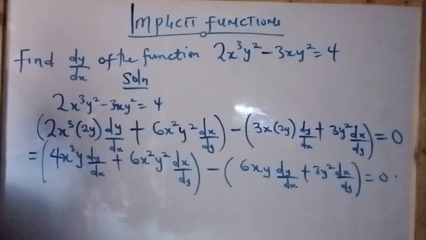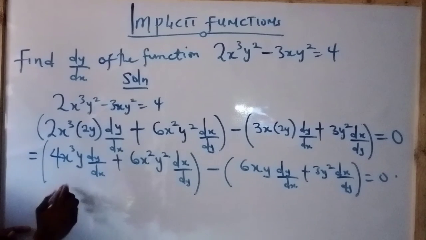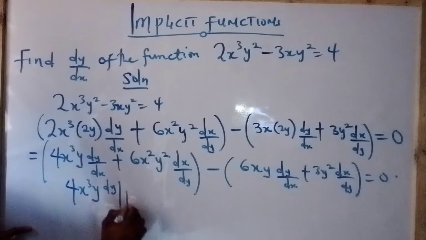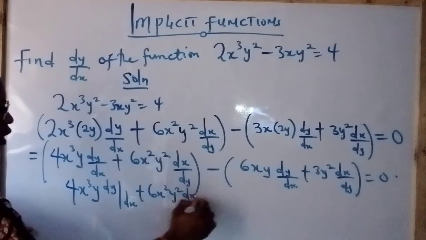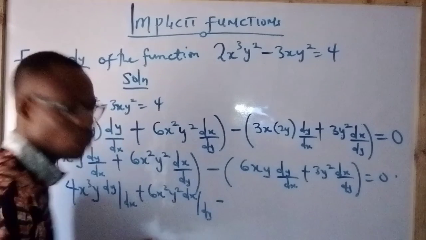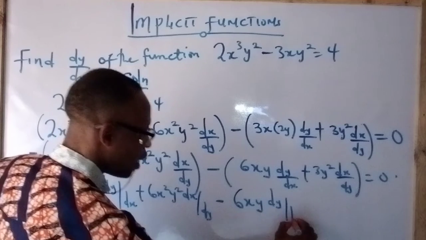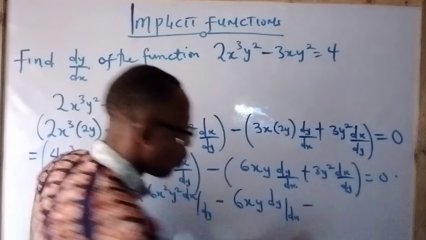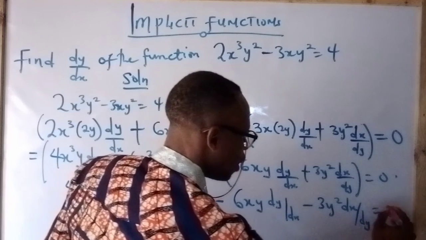Now it's left for us to open the bracket. This part remains like this: 4x cubed y dy/dx plus 6x squared y squared dx/dx. Then minus, let's open this bracket. So this becomes 6xy dy/dx. Then minus times plus is simply minus. So by opening this one, we have 3y squared dx/dx equals 0.